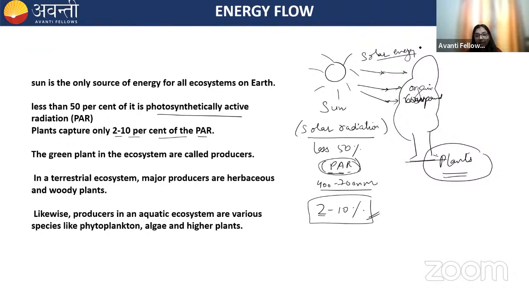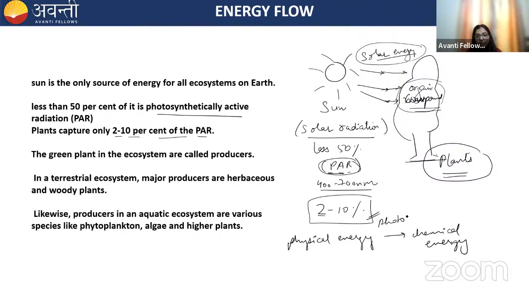So the plants are performing photosynthesis, right? That means they are using the solar energy or the physical energy, and they are synthesizing the chemical compounds. So here, the physical energy is converted into the chemical energy through the process called photosynthesis.